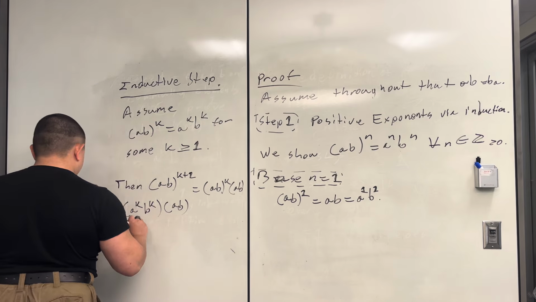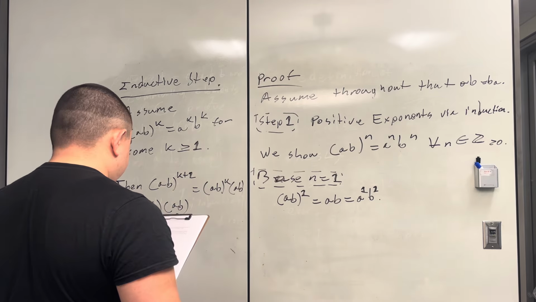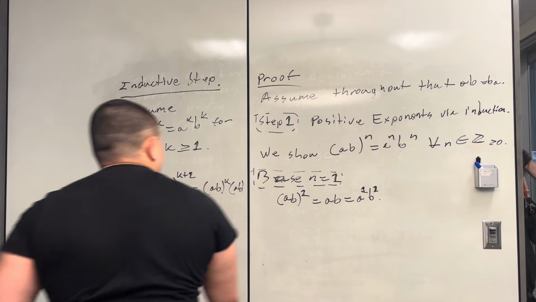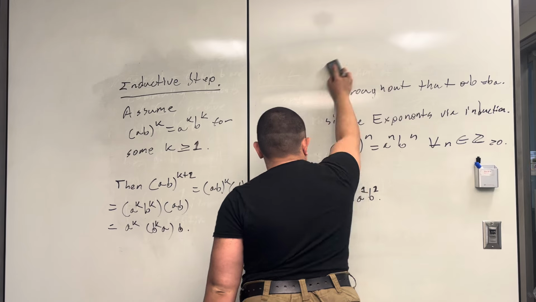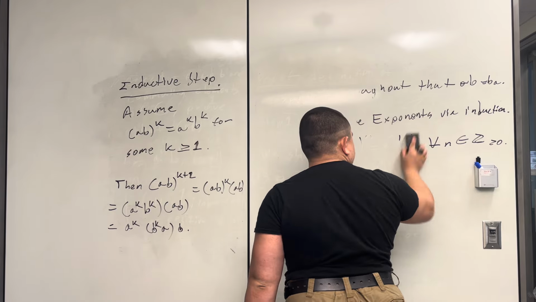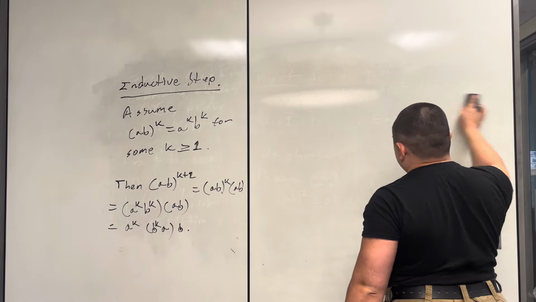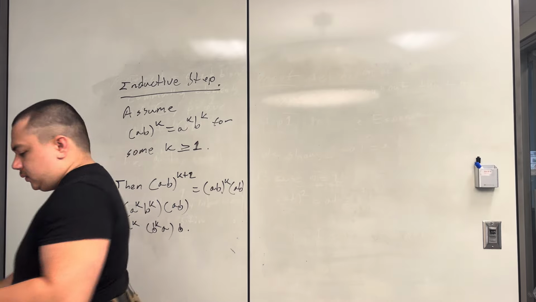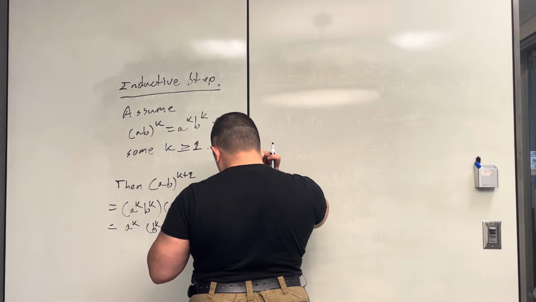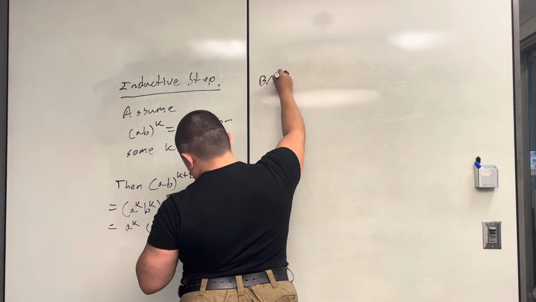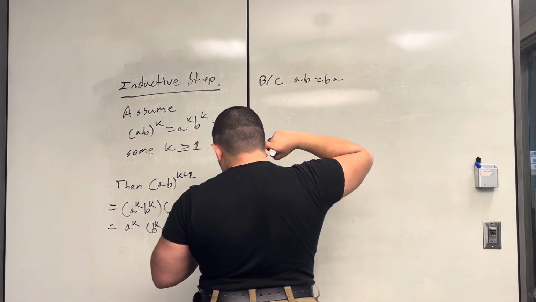Now, because AB equals BA here, they're commuting elements, right?